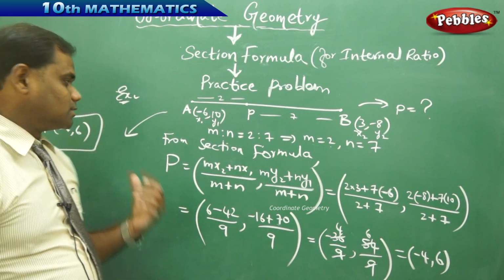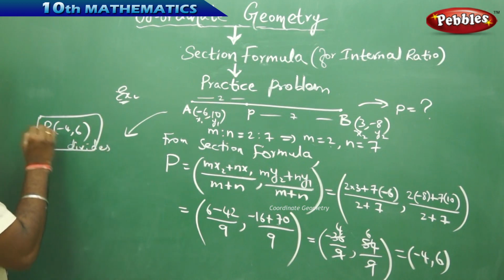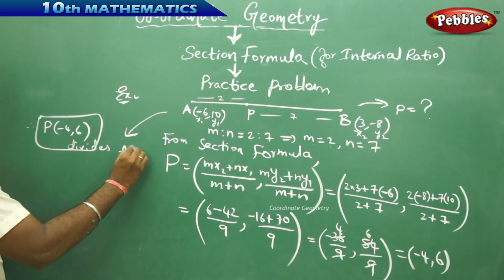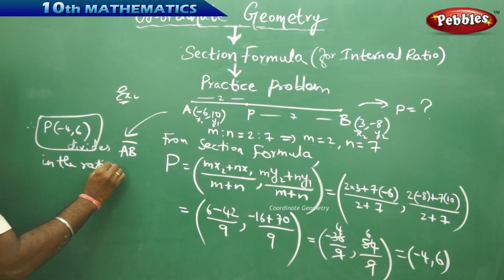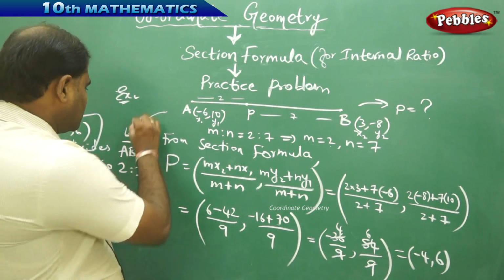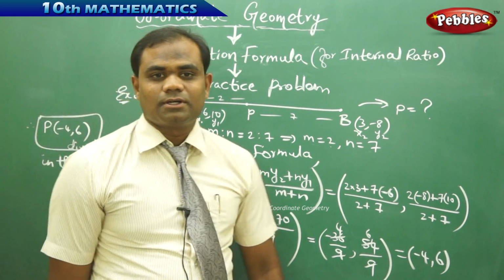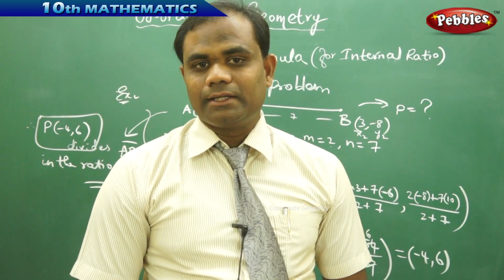This is how we understand the concept of a point dividing the line internally in the ratio m is to n.